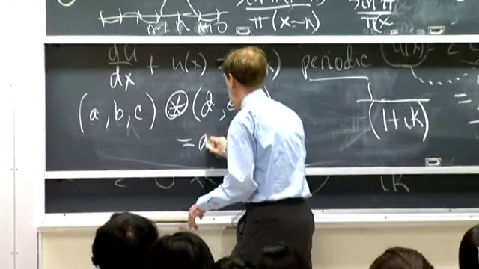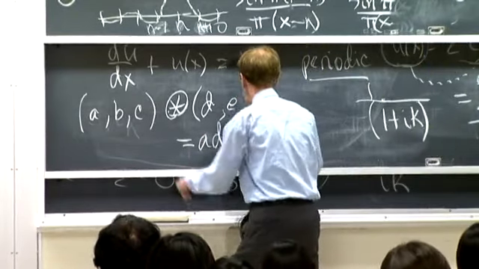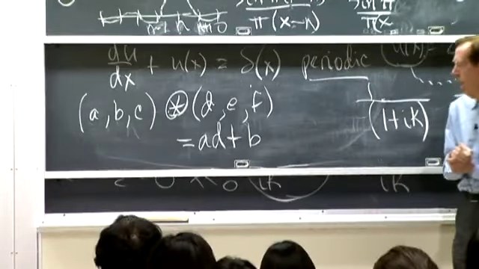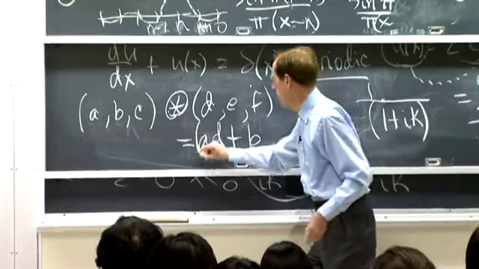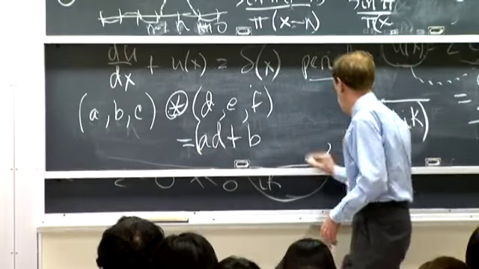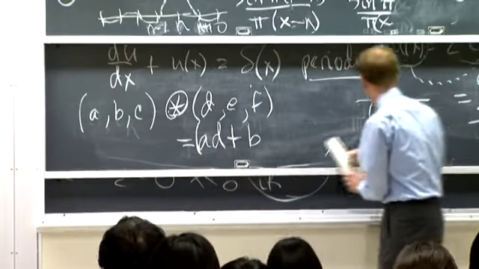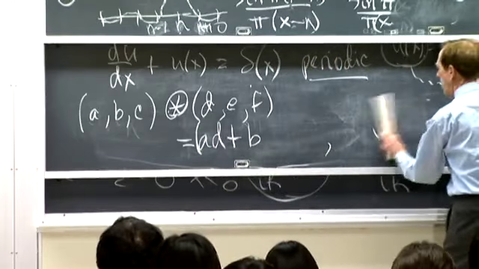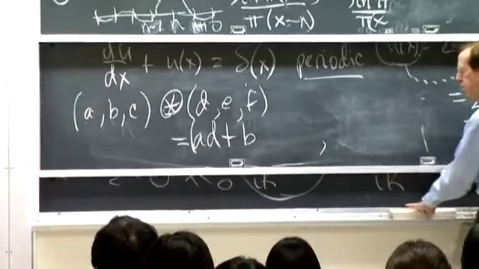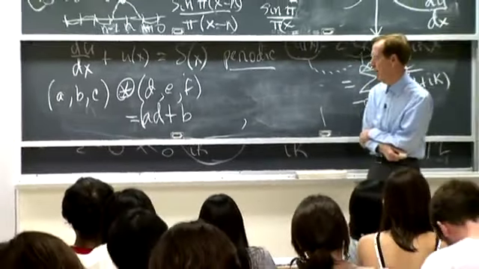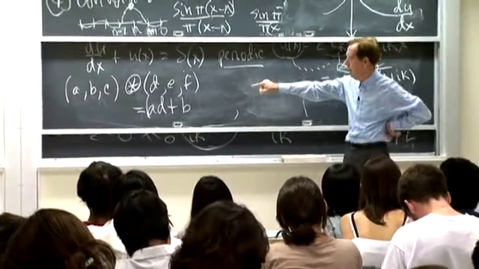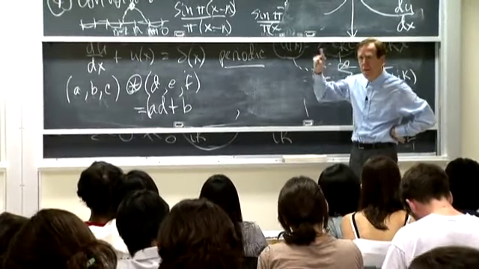It's AD plus B times what? This is the first term in the convolution. You remember that the day we brought convolutions into the course? What does B multiply? F. Why F?